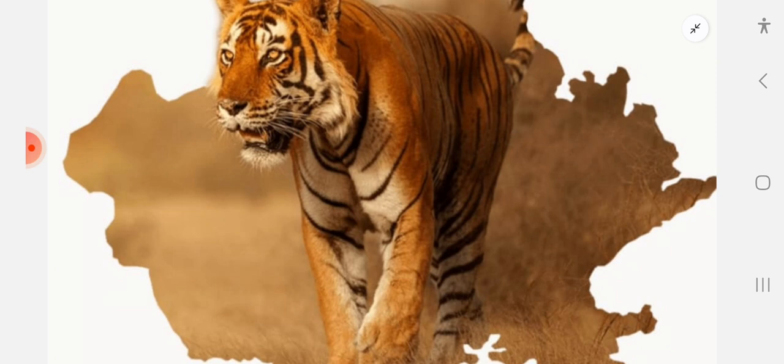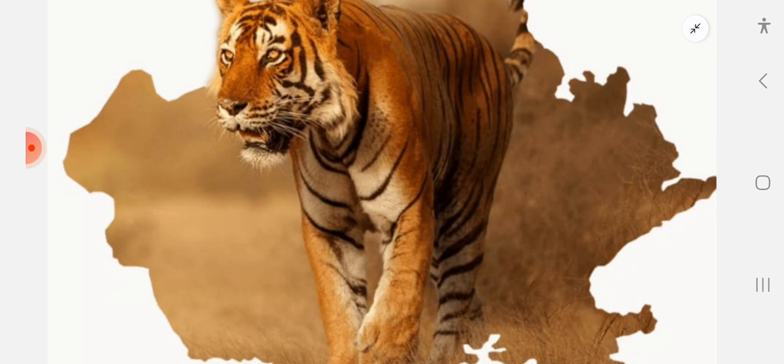So if in an exam a question comes up asking which state in India has the largest area in terms of land, the answer would be Rajasthan. And which is the state in India that has the highest population? That would be Uttar Pradesh. But since this is Ranthambore National Park, our discussion should be limited to Rajasthan. So that's the geography about Rajasthan.